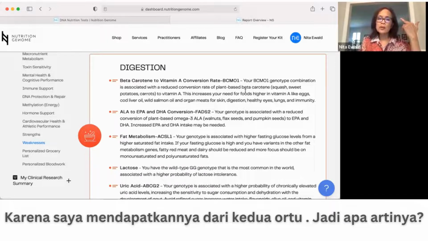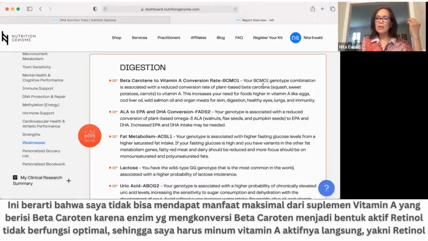So what does it mean? That means if I choose vitamin A in the beta carotene form, it's not all going to convert to vitamin A. Therefore, I choose my vitamin A in the retinol form because my body already has less capacity for that conversion.